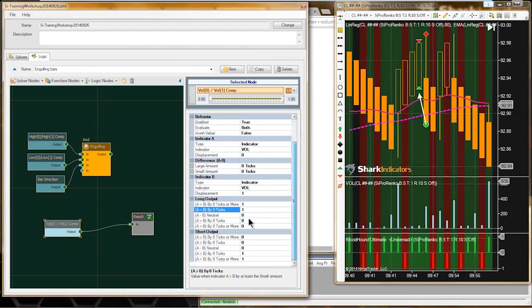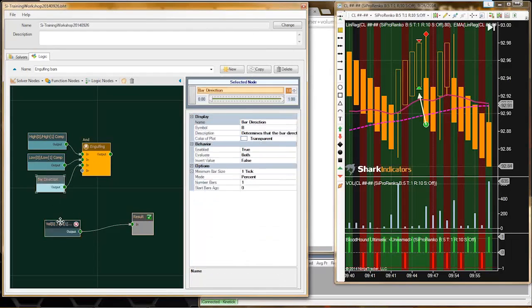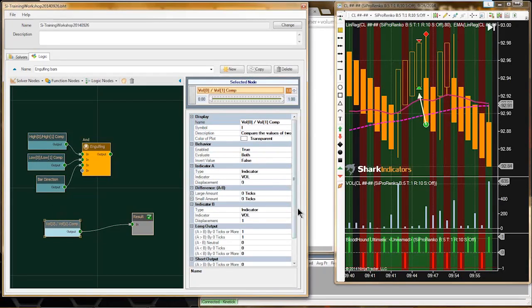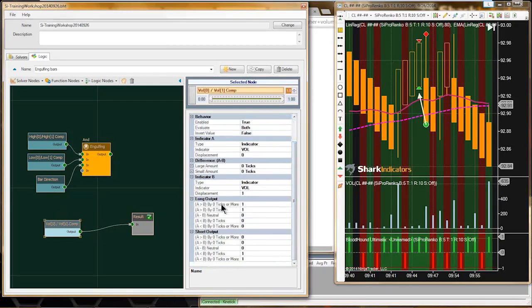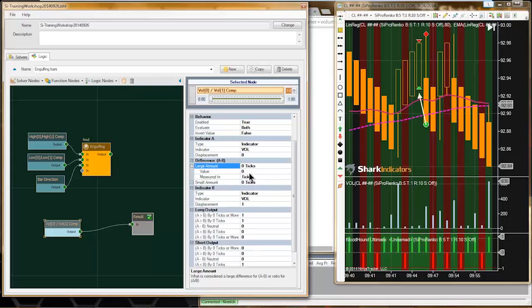Alright, and our long outputs, so yeah, you can see the label did not update on my machine, so I'm just going to click off and then click back on the solver, and now we can see, oh, that's right, it didn't change because I didn't change the difference values.